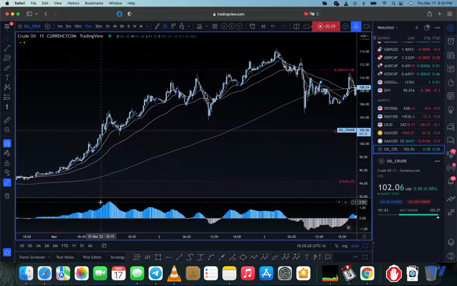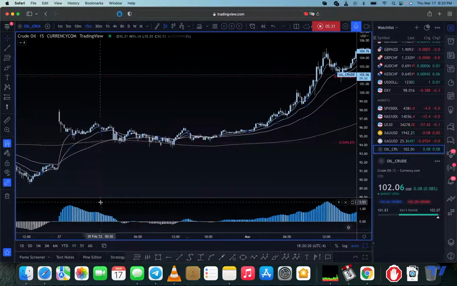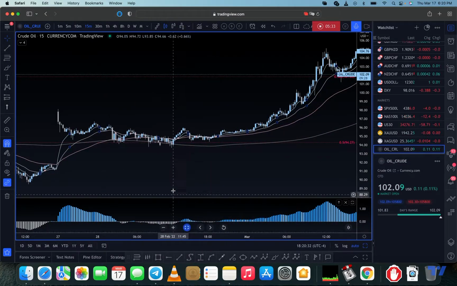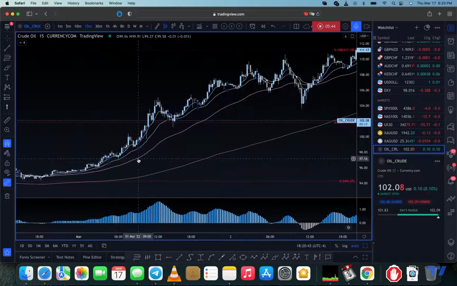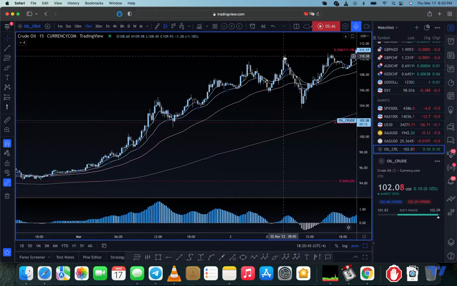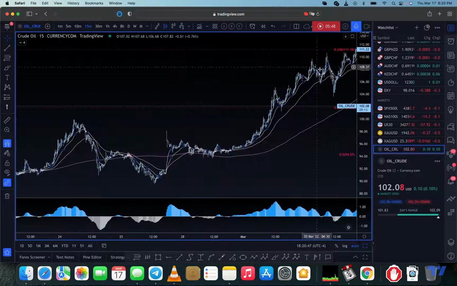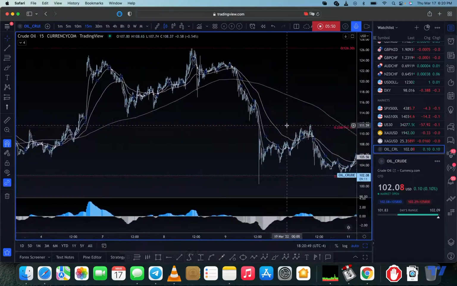Or like I said, you could have bought it here, this wave with the stop here, and never touched it, or this momentum switch here from 90 to 110. So 20-point run. In any case, that's the idea.